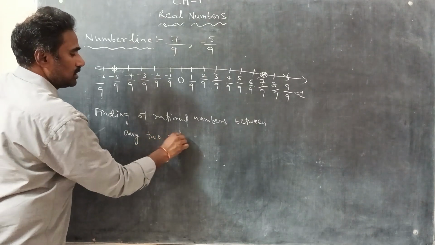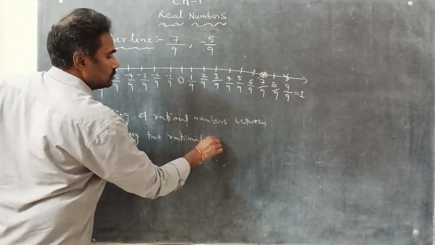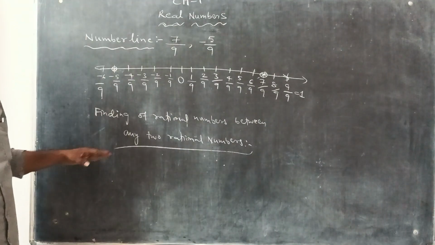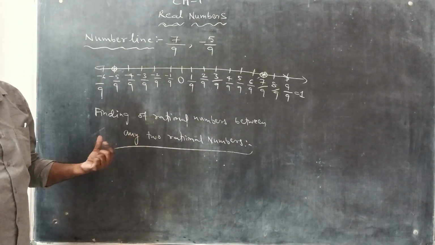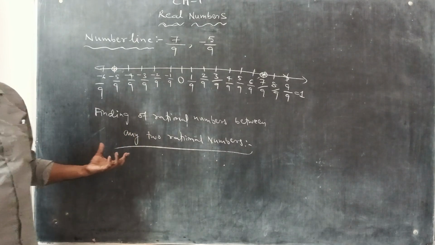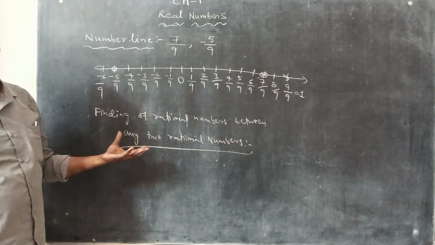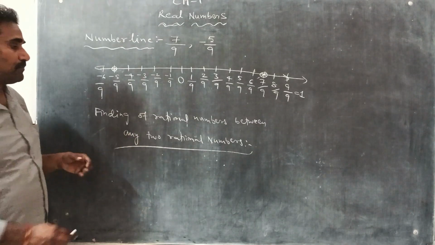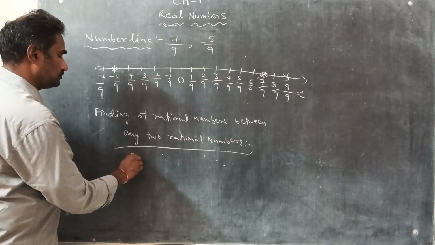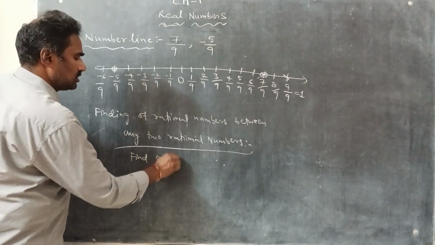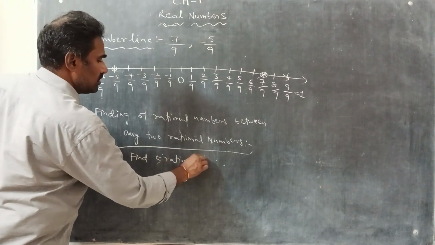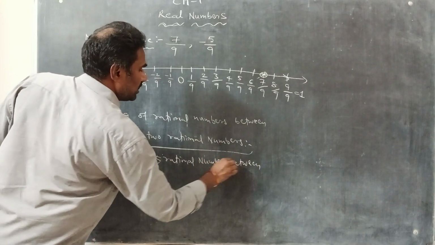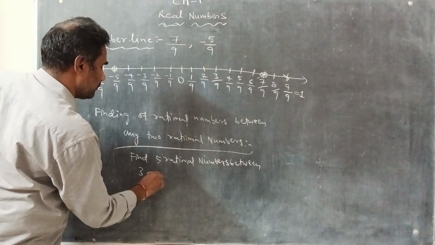If I am talking about integers, there are a limited number of integers between two given integers, but for rational numbers there is a property: we can write many rational numbers between two given rational numbers. For example, find 5 rational numbers between 3 and 4.